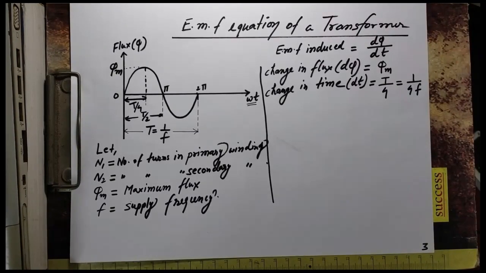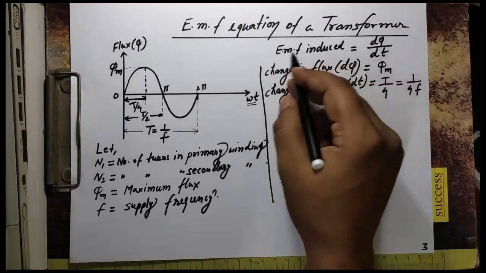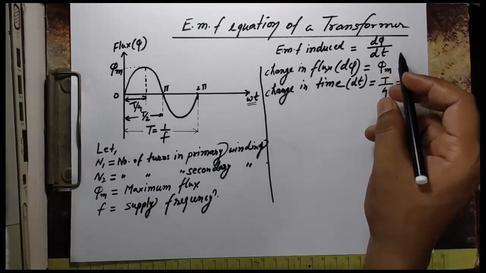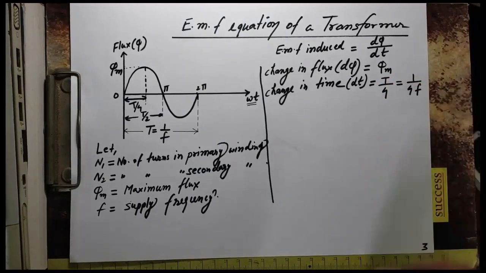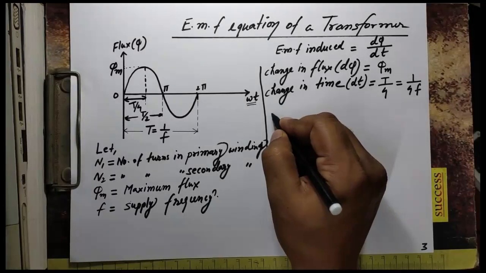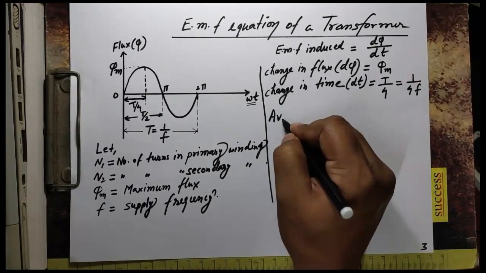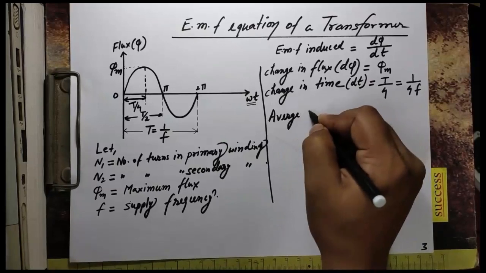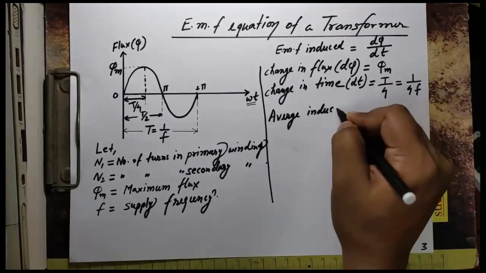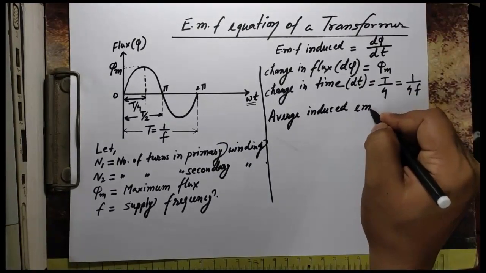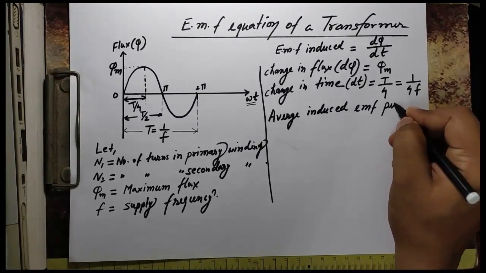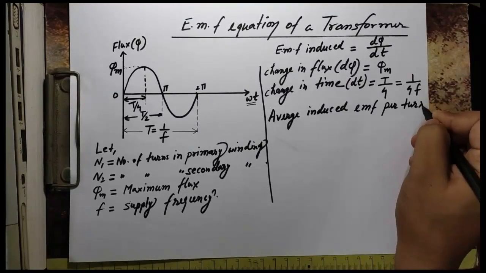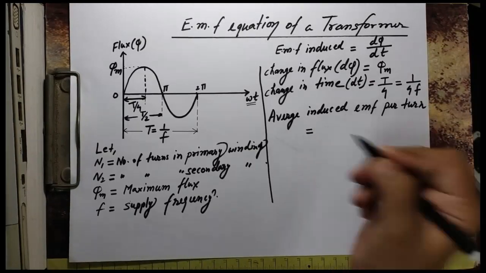Now, what is the average EMF induced per turn? Okay, so this induced EMF is actually the average induced EMF per turn we have calculated. Therefore, average induced EMF per turn is equal to how much?